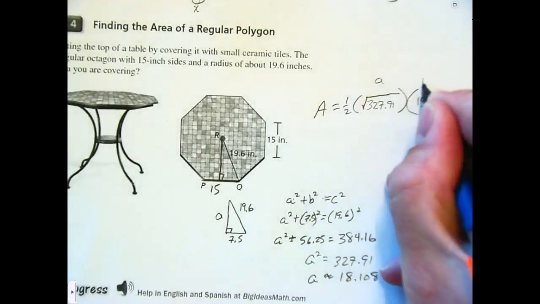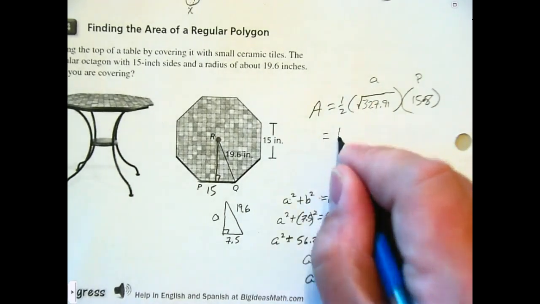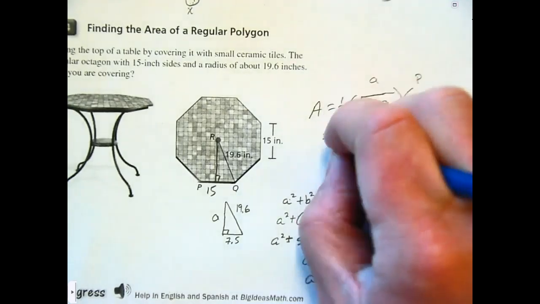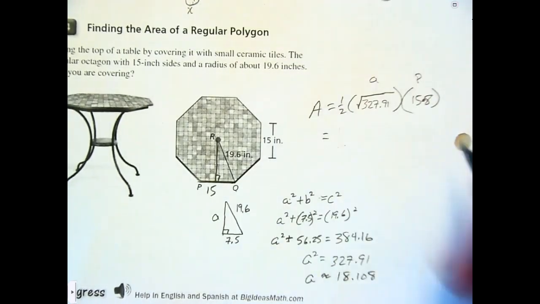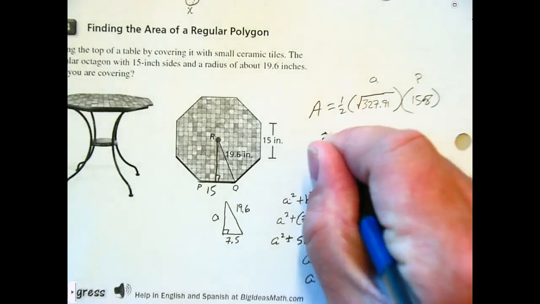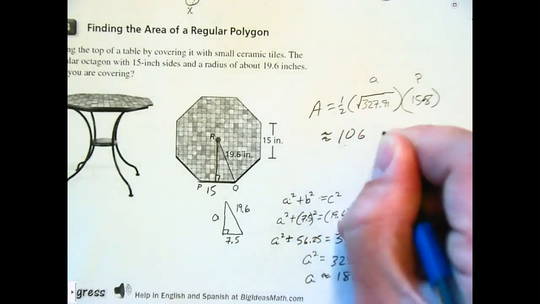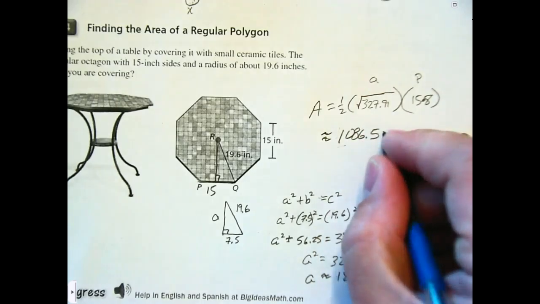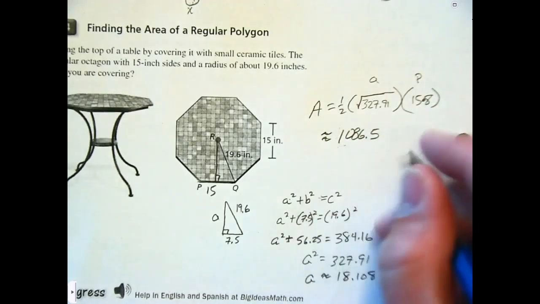So there's our a, there's our P. Equals 1/2. Actually, I'll just multiply all that out. It rounds to 1,086.5 square inches.